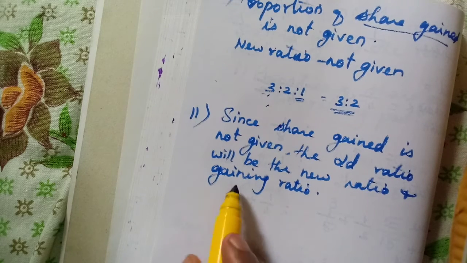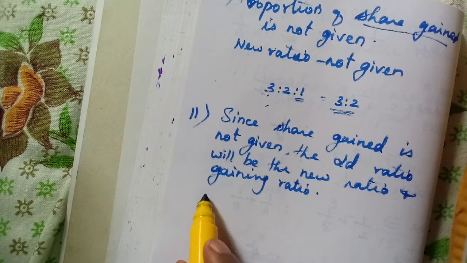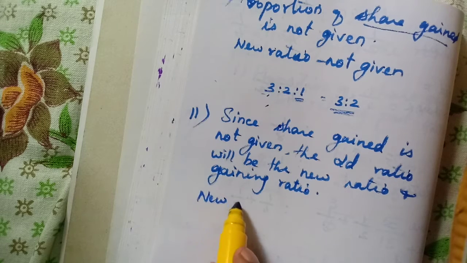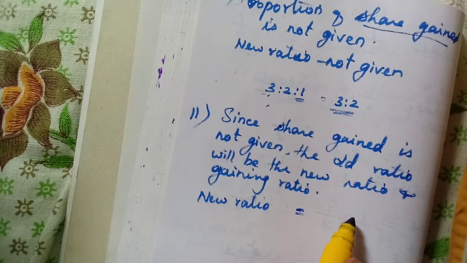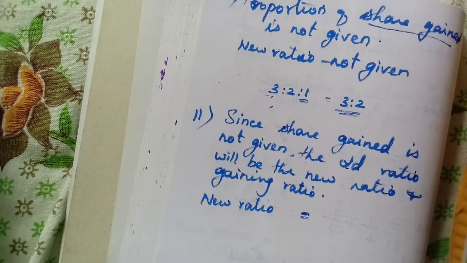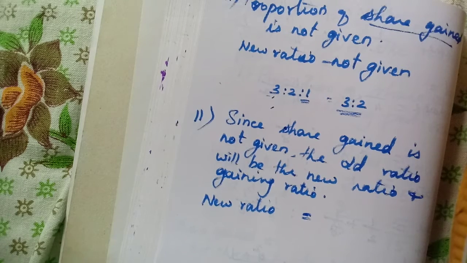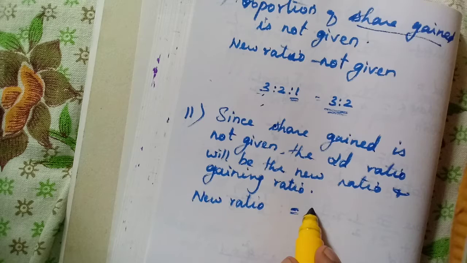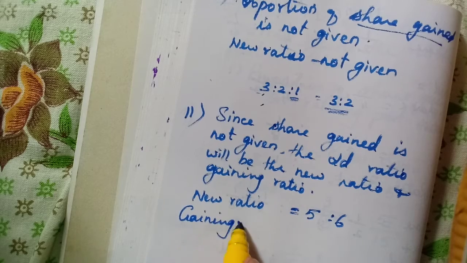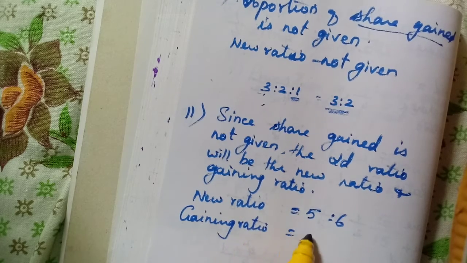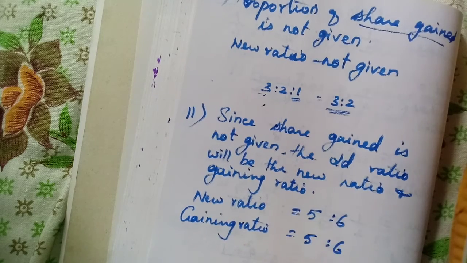Now we can write the new ratio. New ratio is equal to, what is their old share? 4 is to 5 is to 6, isn't it? Mani is retiring, so 5 is to 6. New ratio is 5 is to 6. Then gaining ratio is equal to 5 is to 6.